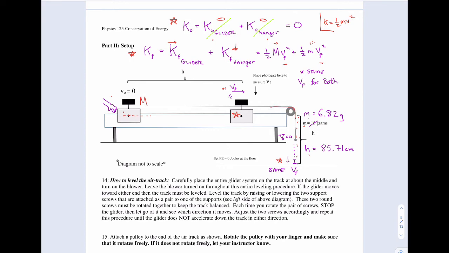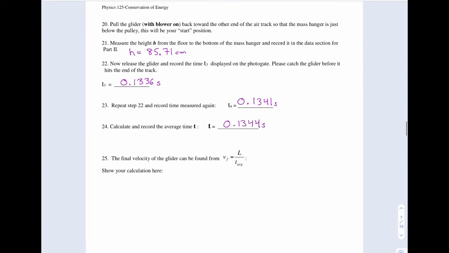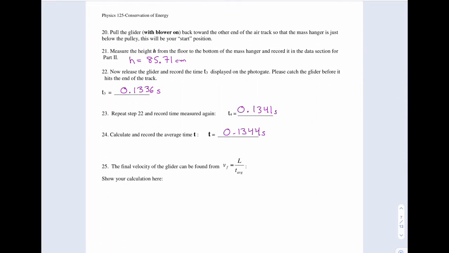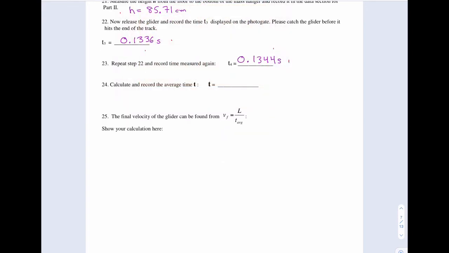Here I measured the height, and I measured the times for the glider to pass through the photo gate. So this time I have there, and that's T4. You have 2 times, so your average time is just adding these up and dividing by 2.